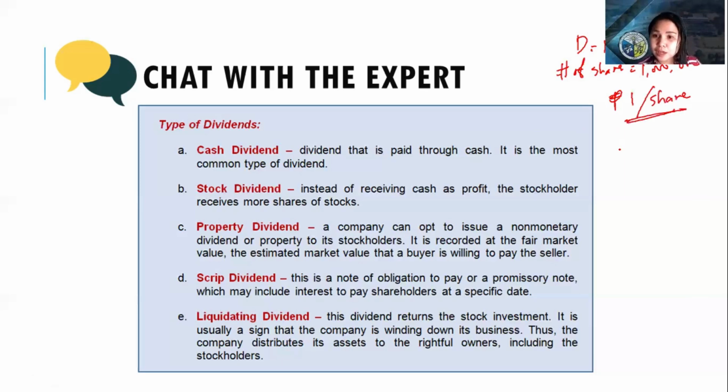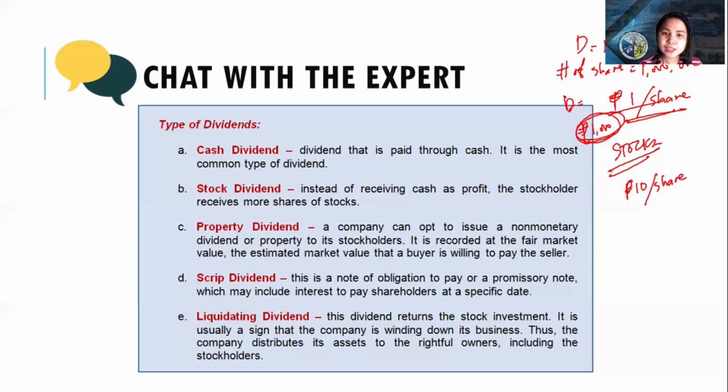For example, the company is selling stocks at 10 pesos per share. So if your dividend is 1 peso per share, and let us say that you have 1,000 shares, so your dividend will be 1,000, you can convert your cash dividend to stock dividends. So instead of receiving 1,000 pesos in cash, you will receive, divided by 10, you'll receive 100 shares.